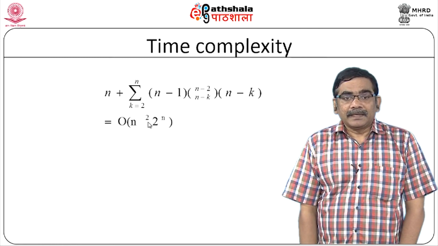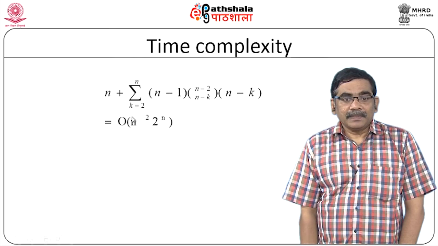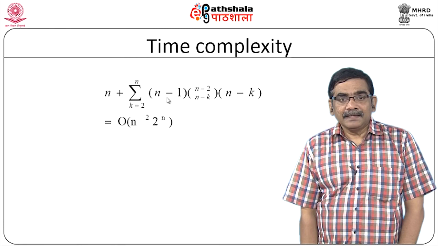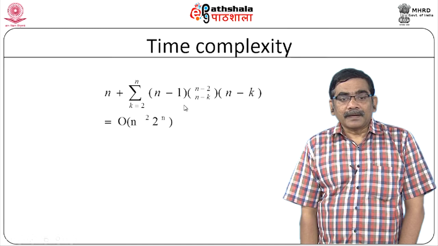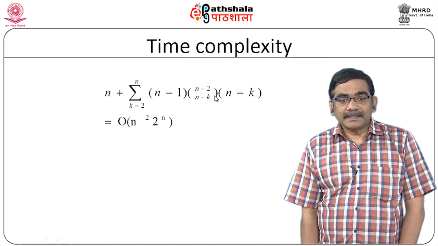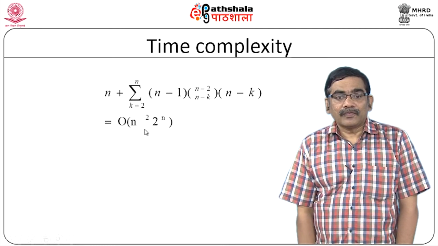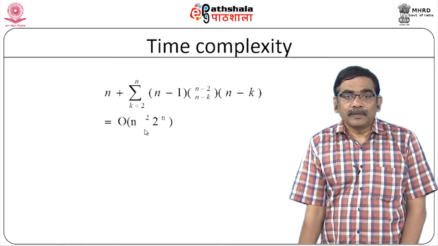What is the complexity of this algorithm? From every city we have to visit every other city. So, you can see that the complexity turns out to be something like order of n square times 2 to the power n.